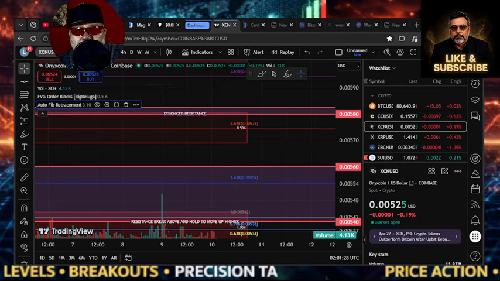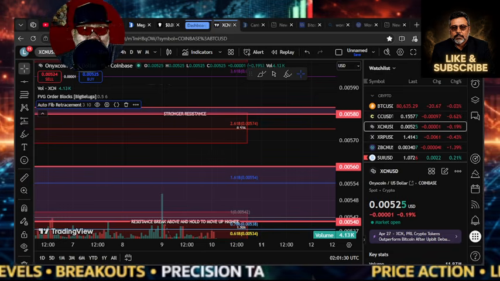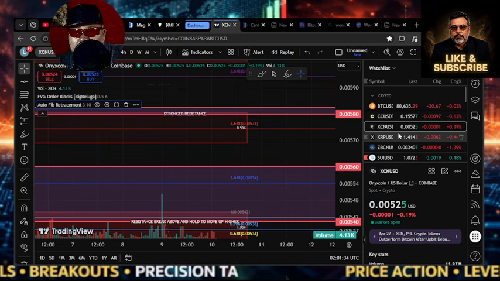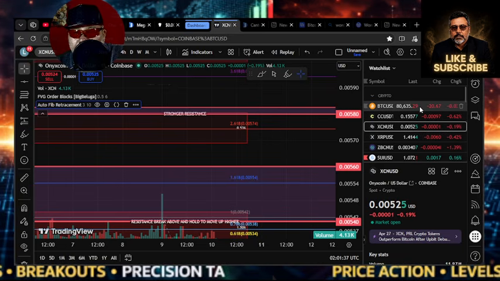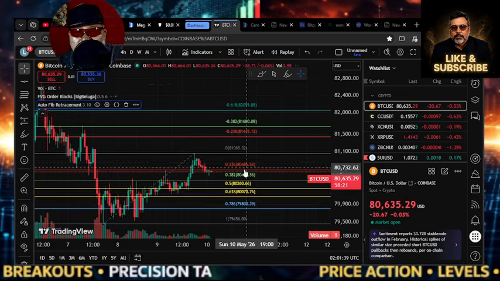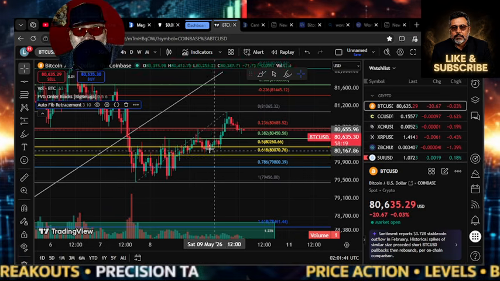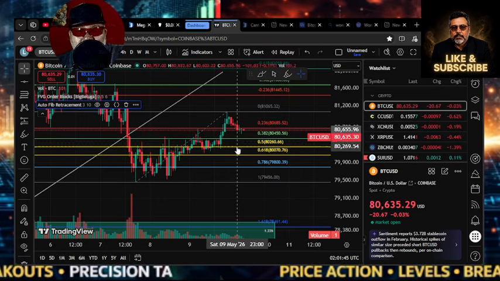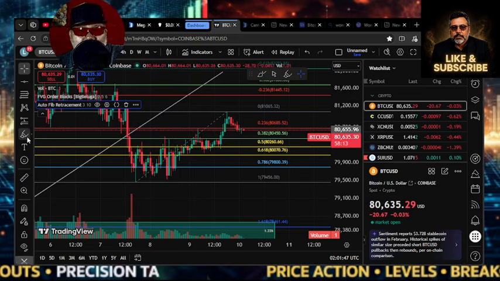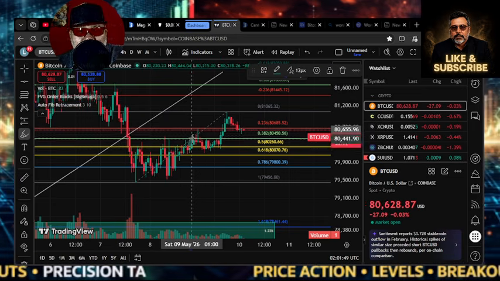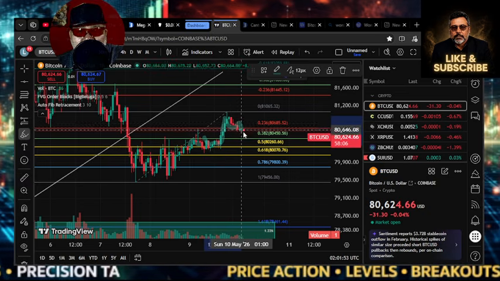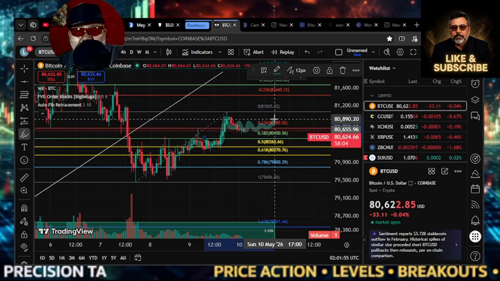But overall, market's been kind of quiet today. You can see a couple of tokens over here. Bitcoin is just consolidating. It has pushed up a little bit. Today, it came from this range right here, and it pushed up, and I could see it staying in this range now.